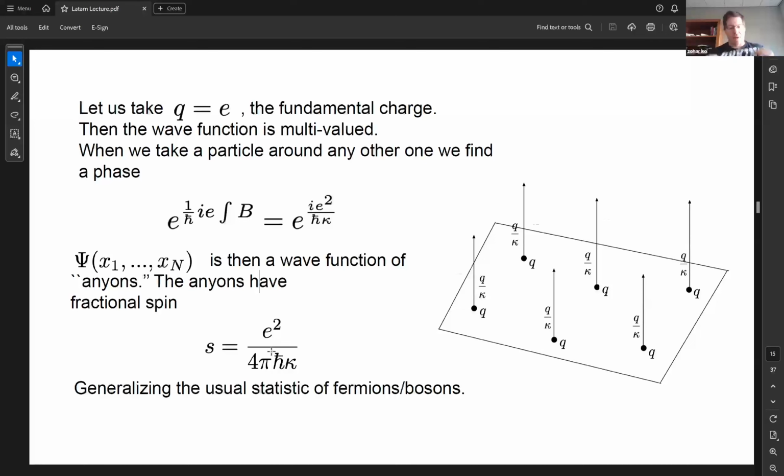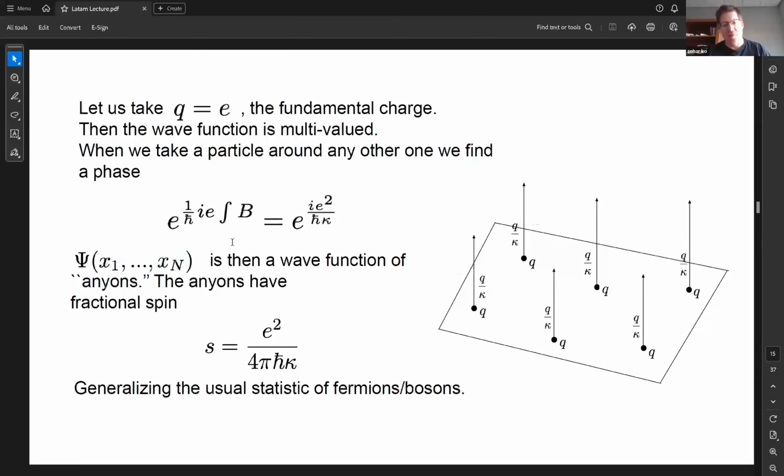Okay. So I guess people are not terribly surprised that you can go beyond the statistics of bosons and fermions. Let's keep going then. By the way, for the Schrödinger problem, you remember that there is an ansatz to solve it for anti-symmetric wave functions, which is the Slater determinant. Here, there is no ansatz like that.